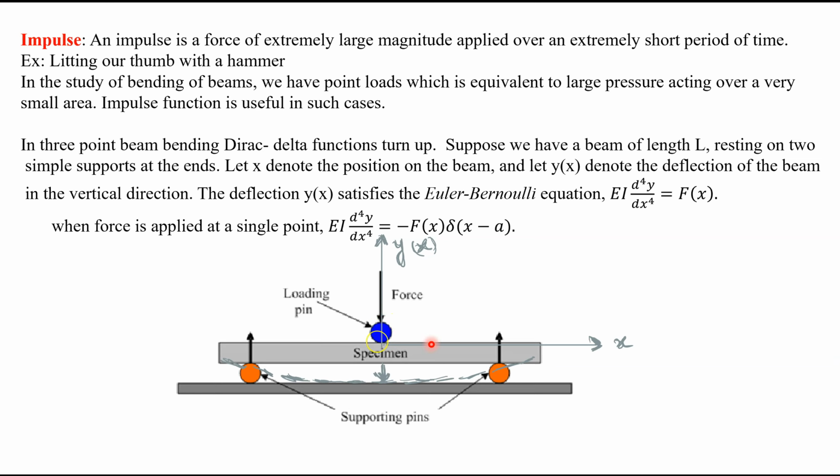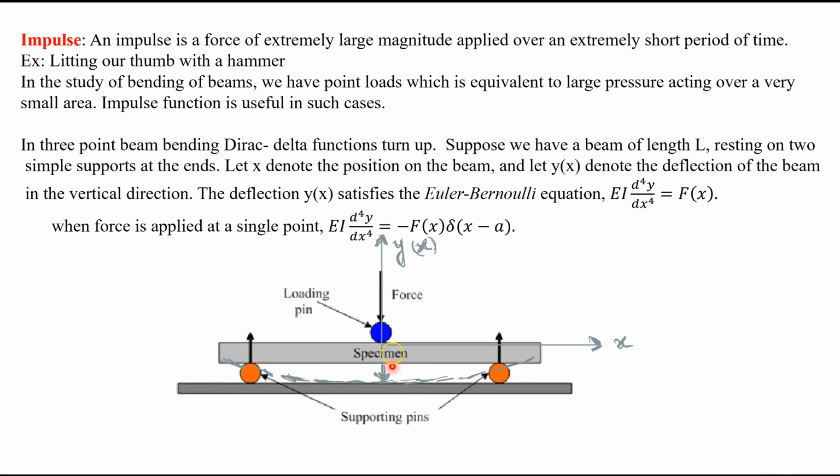In this example, this is an iron or steel beam of length L. The force is applied at a single point, and the beam is supported at the ends by these two red supports. The x-axis is taken along the beam and the y-axis perpendicular to it. Here y of x denotes the deflection of the beam in the vertical direction.